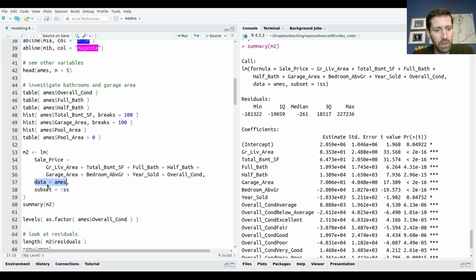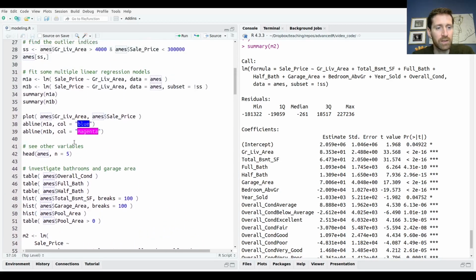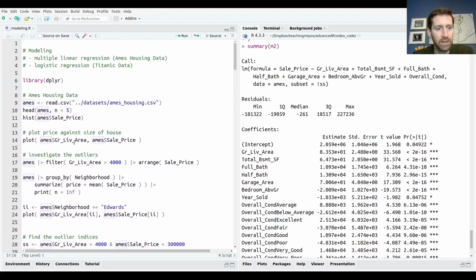The way the code works is it knows to reference these columns from this data set if you supply the data. It works very similarly to how these dplyr functions work. So filter knows to grab gr liv area from Ames, and arrange knows to grab sale price from the output of this thing.